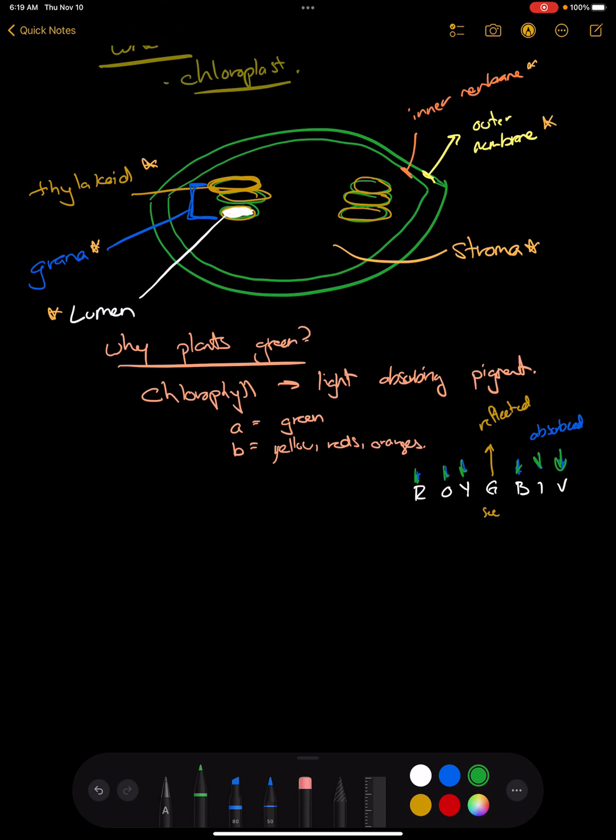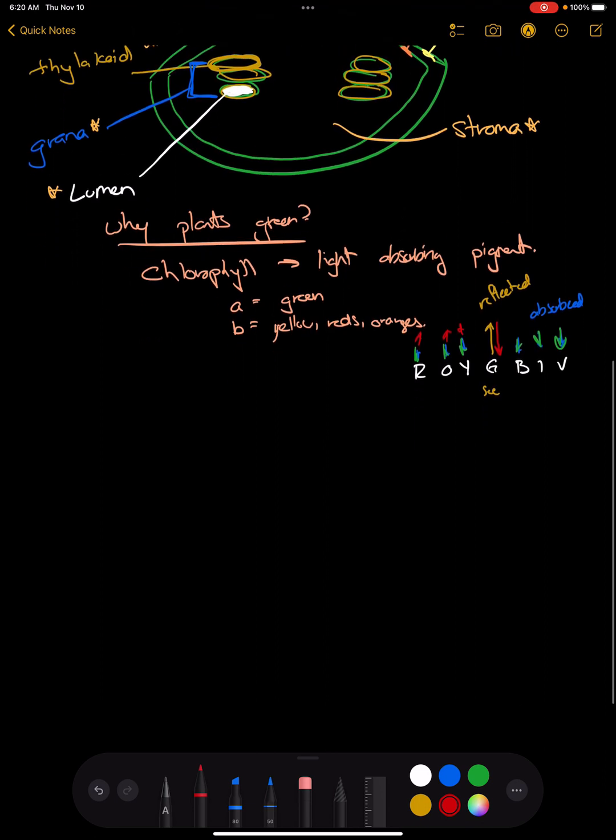And that's why we have chlorophyll B, because chlorophyll B is going to reflect the reds, the oranges, the yellows, but then it's going to absorb the green. That means plants can utilize the entire light spectra and not just some of the waves. Anyway, just wanted to make sure that we were okay with that.